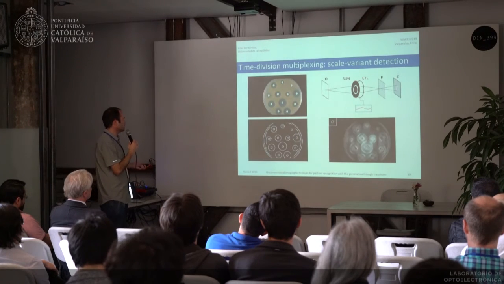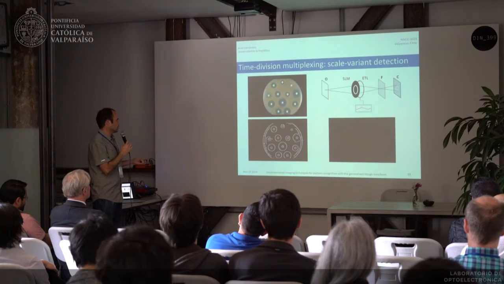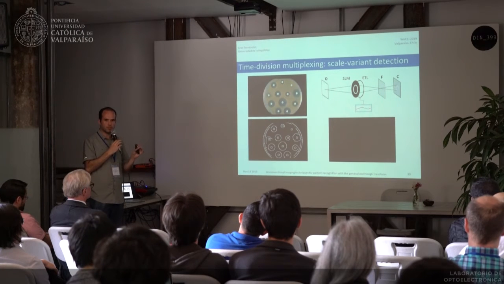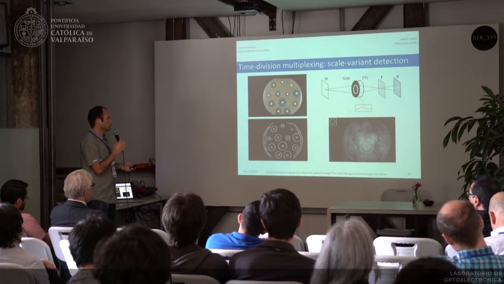We can also do some scale variable detection, but as we are working with a system that, in principle, has a fixed radius for a certain time, we need to do some time division multiplexing.